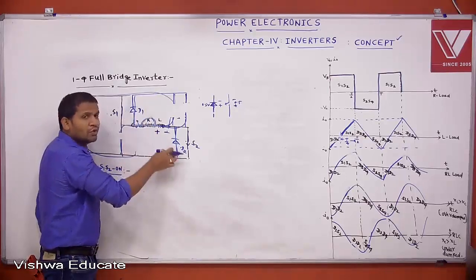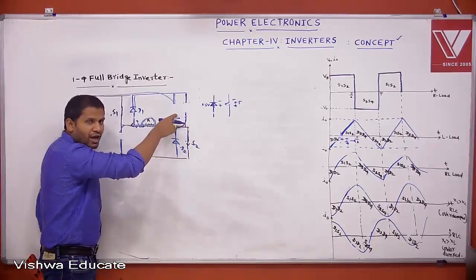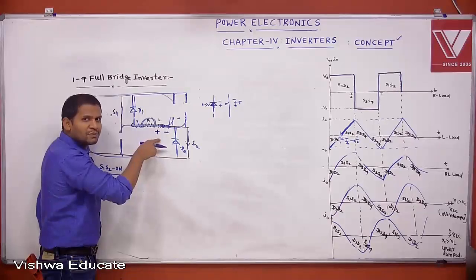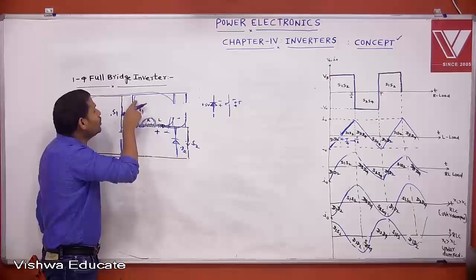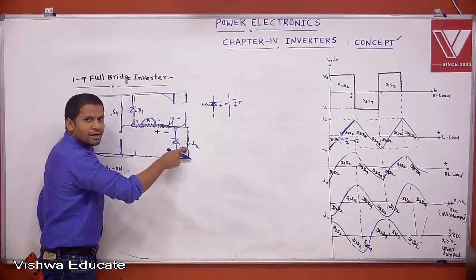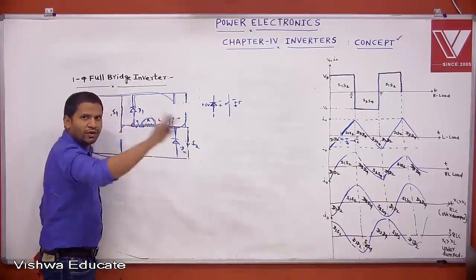When will D1, D2 turn on? Whenever S3, S4 is turned off, the inductor reverses polarity. Because the inductor reverses polarity, D1, D2 suddenly come into existence. During the conduction of D1, D2, the corresponding S1, S2 switches are reverse biased. Even though a triggering pulse is given to S1, S2, it will not trigger.